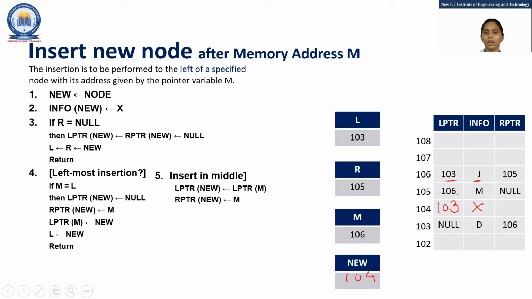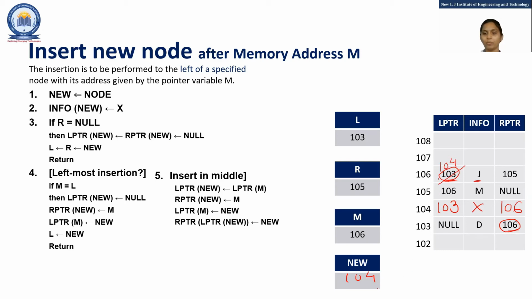Then after you should write what? Here what should it be? 106. And this location and this location need to be updated. The left pointer of M, and the right pointer of L, should be updated with 104 and your new left right.